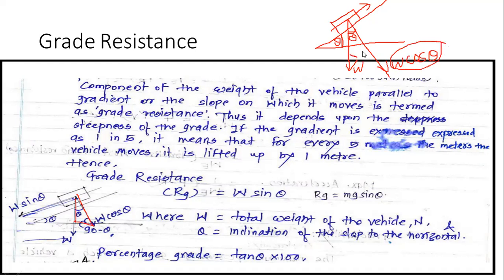This W we have resolved along this line, and now W we need to resolve along the axis of the vehicle. So this is the theta. Then here we can write W sin theta. It is very simple, right? Is it understood?